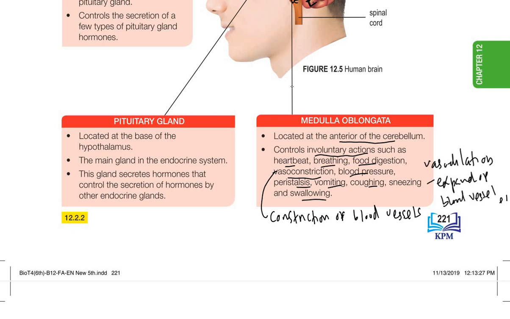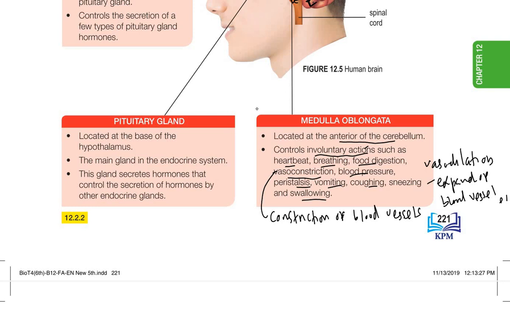At certain times this process occurs inside our body, but we cannot control it. This is all controlled by the medulla oblongata. So you must remember, the medulla oblongata controls involuntary actions.